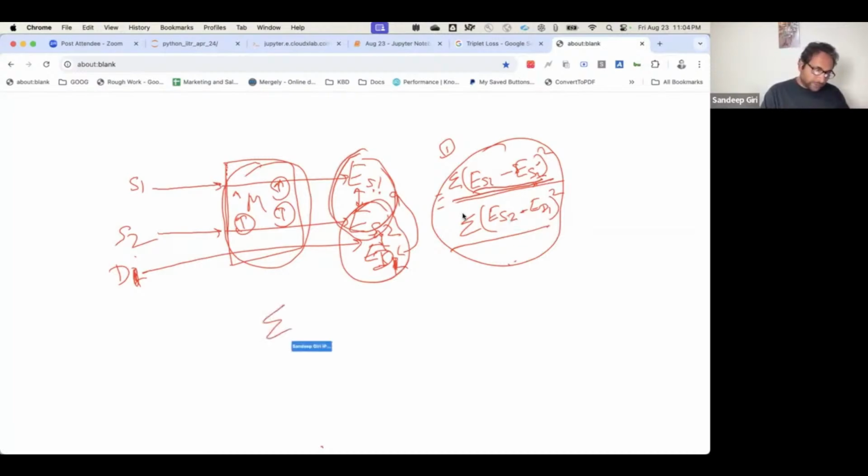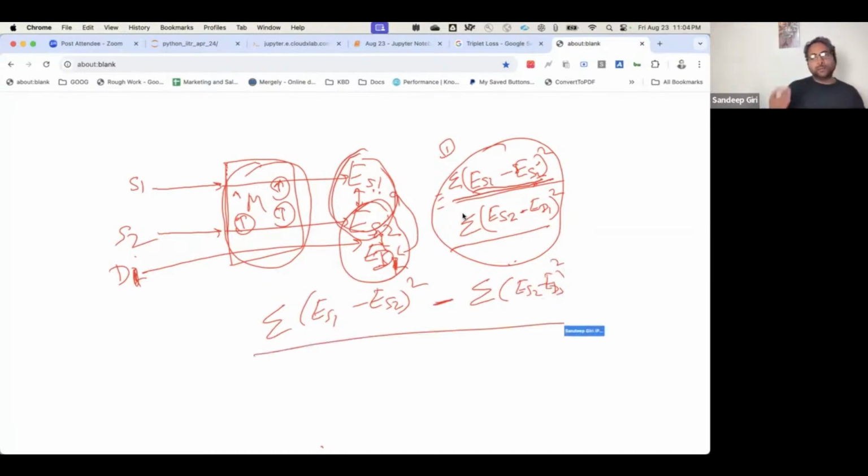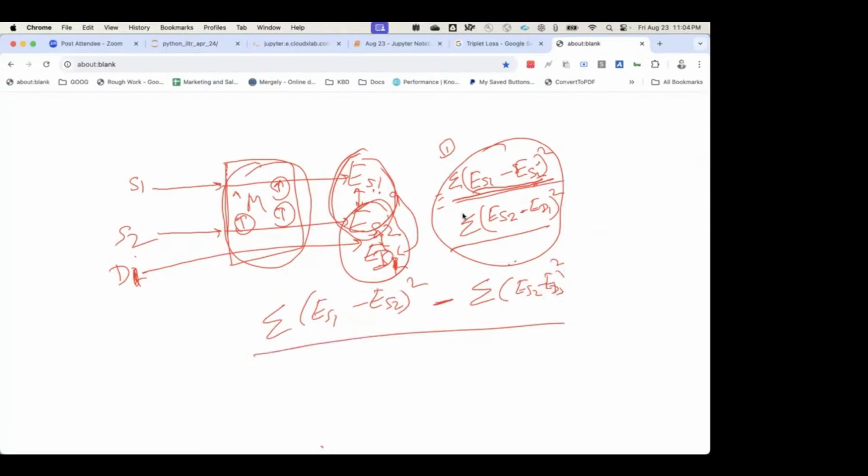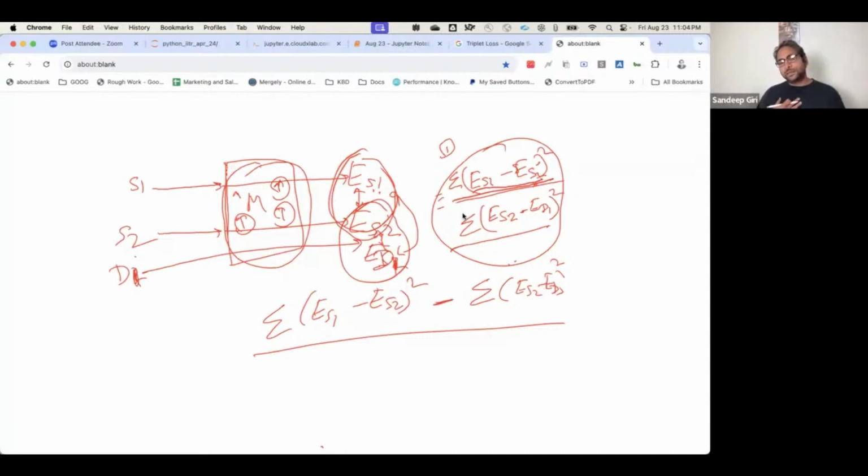We could also say the embeddings of Sandeep's first photo and second photo, we do the square, take the sum, and then subtract the embeddings of S2 and the embeddings of D1, and that's it. So we can compose all kinds of loss functions. It's up to us, and we observe which of these loss functions is doing a better job. People keep experimenting with these loss functions every day.